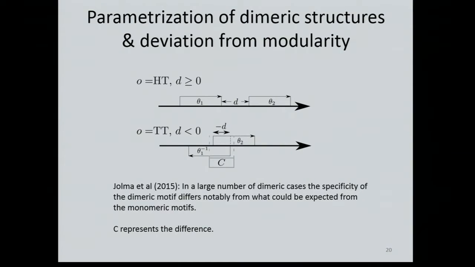But Jussi Taipale's group has just recently published a paper where they studied, of course, these same problems, and their observation is that in a large number of dimeric cases, the specificity of dimeric motifs differs notably from what could be expected from the monomeric motifs. So what we are doing in MODER is to represent explicitly the deviation from this pure reduction to monomeric motifs in the overlapping case of dimer.